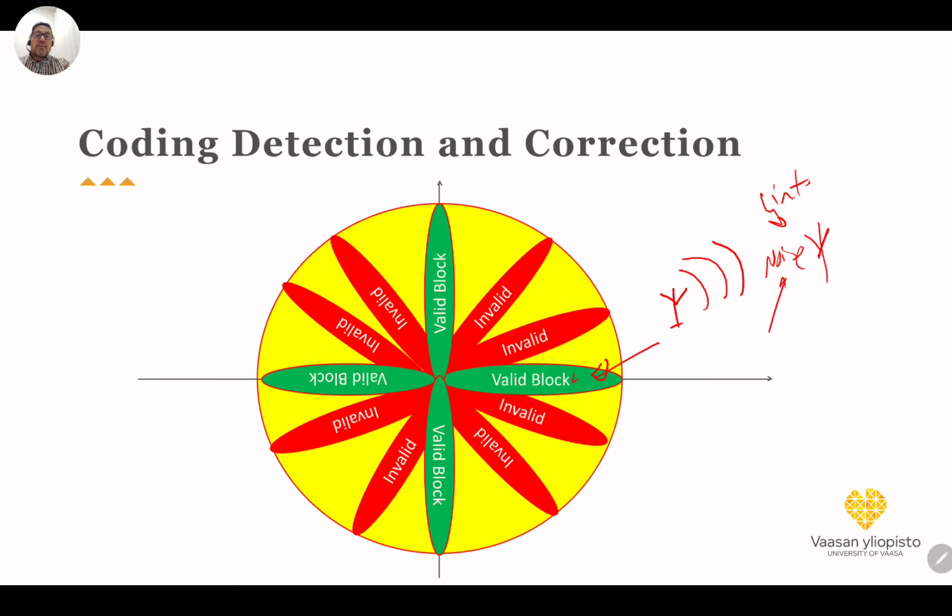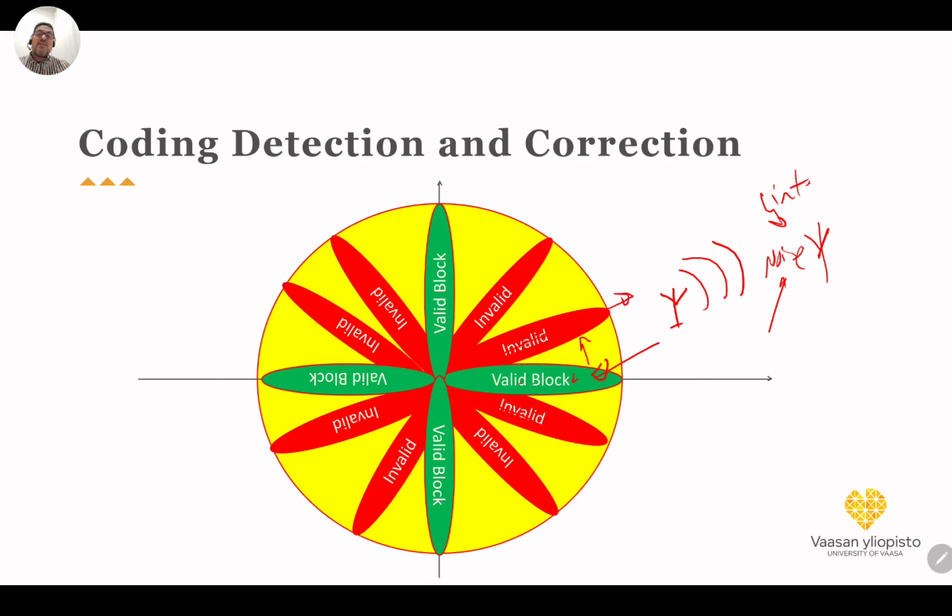One bit was in error. It depends on where that error happened, so it can, for example, move to this invalid block, or it can be this invalid block. Okay, and now we receive this invalid block.